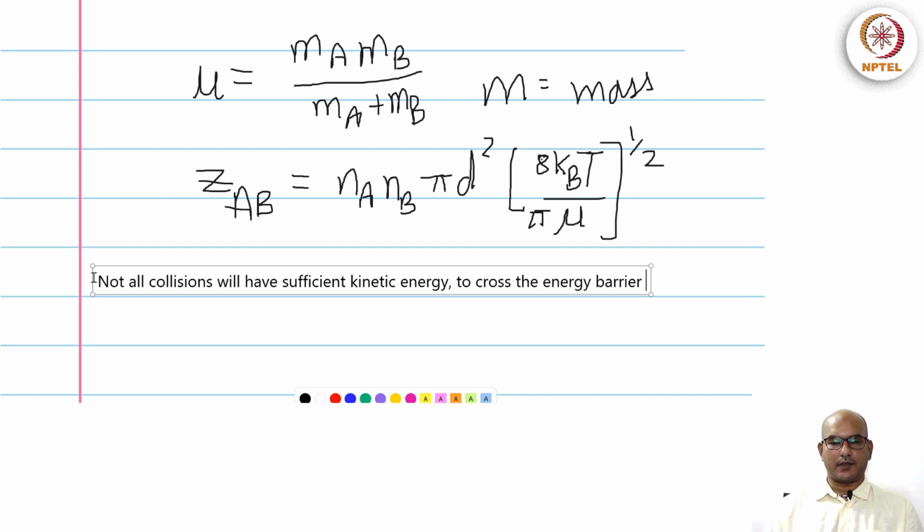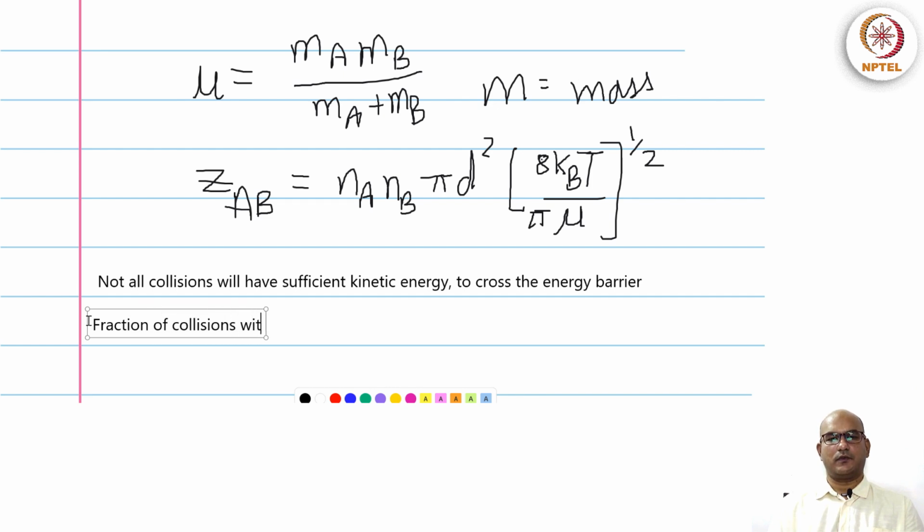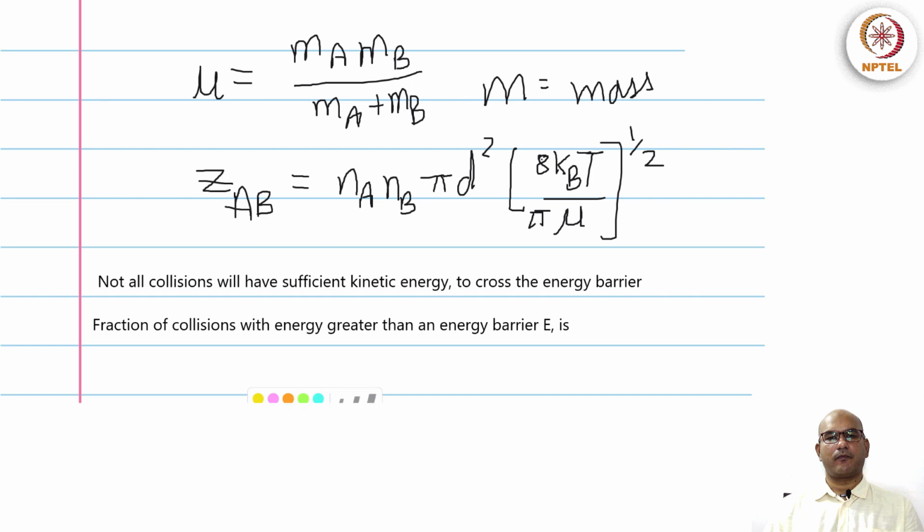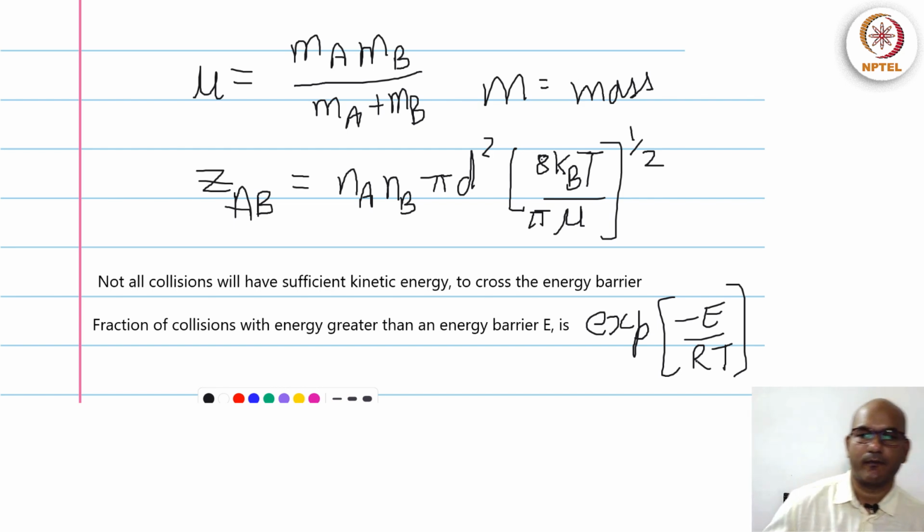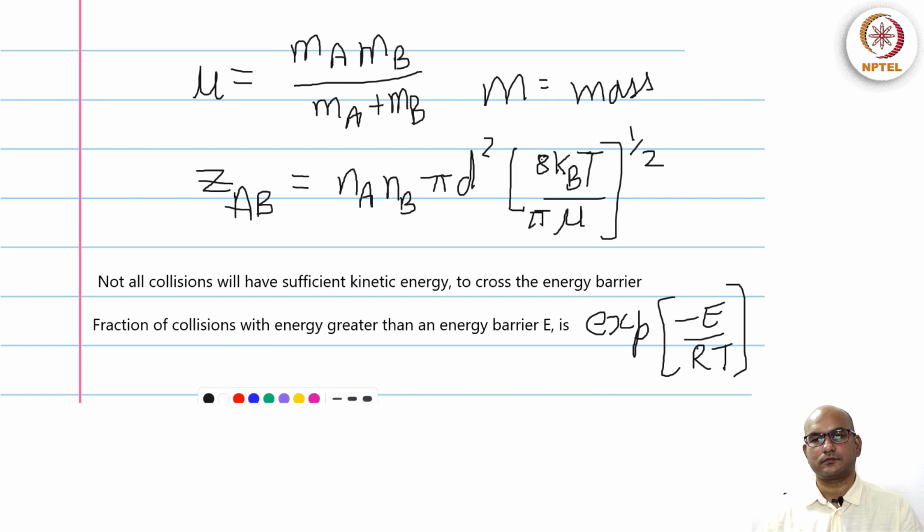So the fraction of collisions with energy greater than an energy barrier E is exponent of minus E by R T, where R is the gas constant and E is the energy barrier.